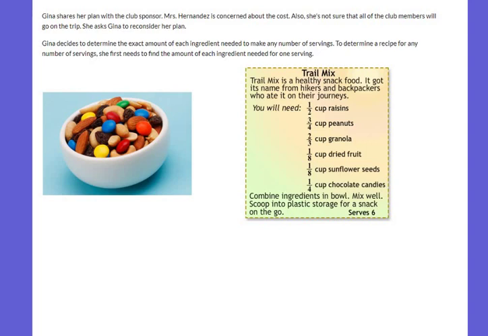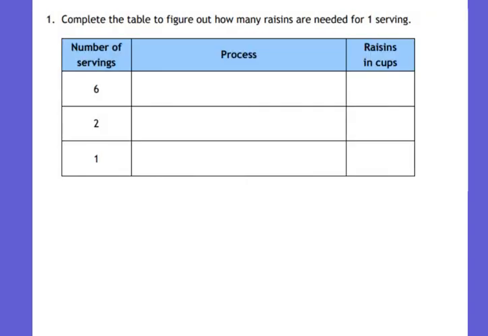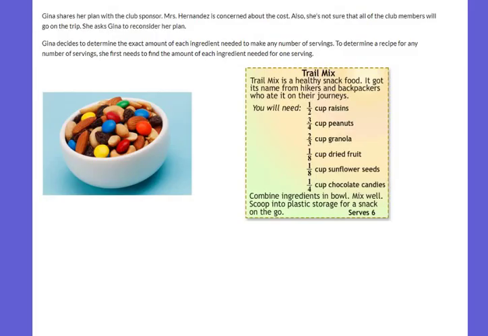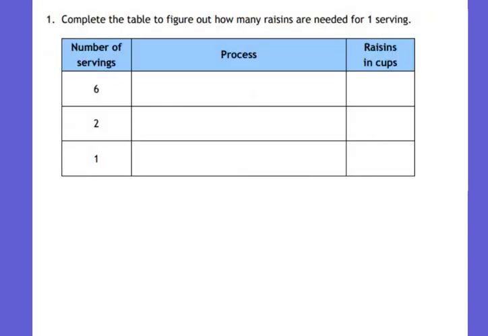So this chick, Gina, the first way that she handles this is she creates this little chart, and she says she's looking at raisins. And from the recipe, she sees raisins is half a cup, and that serves 6 people, right? So for 6 servings, she knows half of a cup is going to be raisins.